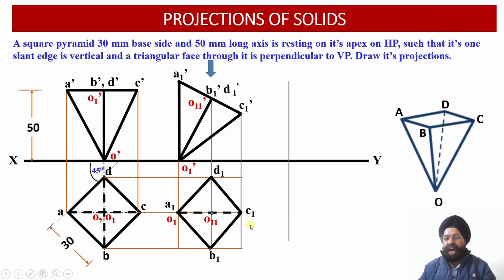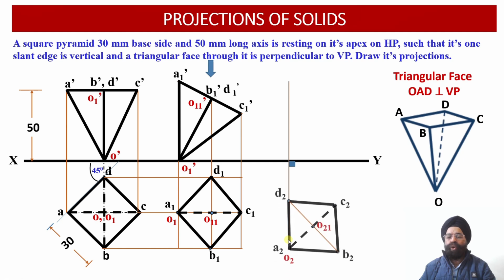So we are again going to rotate this top view so that O1, A1, D1 is oriented alongside the perpendicular projection line we have drawn.